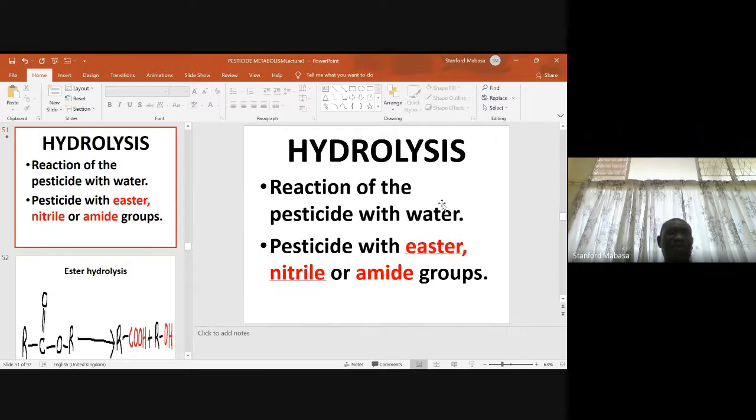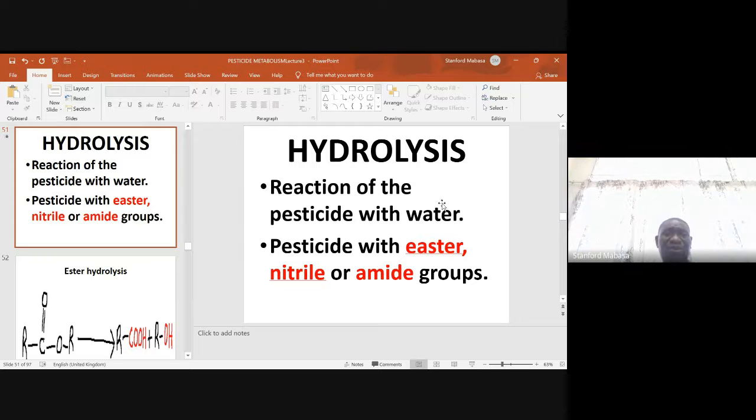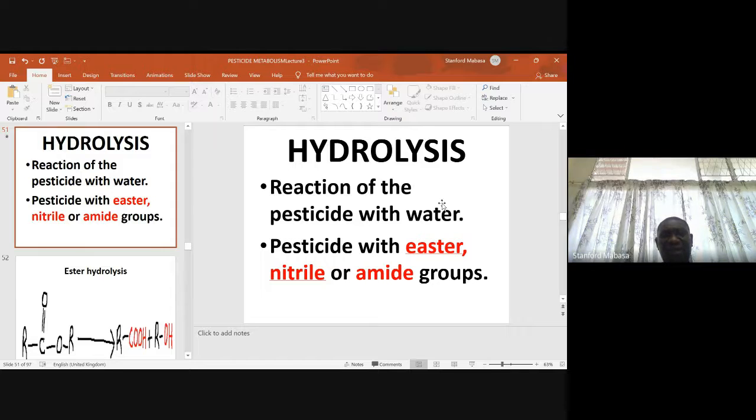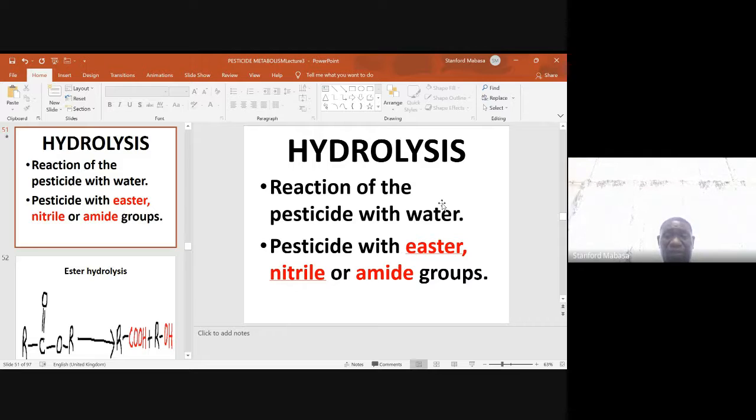Now we move into hydrolysis, which can also cause some changes to the pesticides. Now there are three things which can happen when we add water to the pesticide, there's going to be a reaction with water. But water can only react with certain types of pesticides.